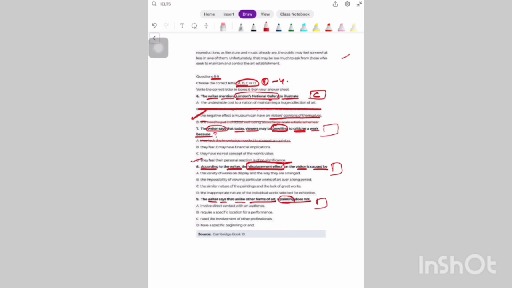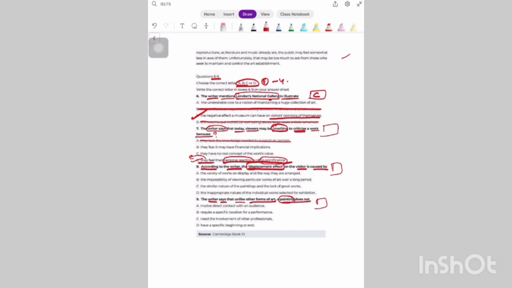So I think D is the correct one, because that is what they are feeling. That is what the author is trying to say, that they feel their personal reaction has no significance, because in the paragraph it is said that the price is set by the institutions, the people in power running their business. So their personal reaction would have no significance, because the arts are already such costly arts.